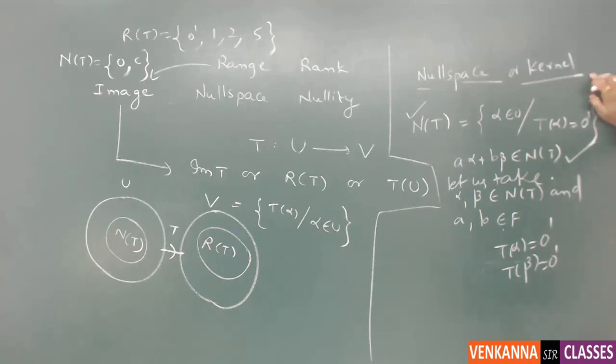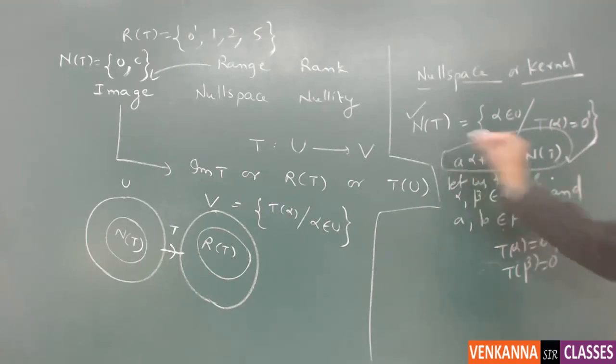So, since alpha and beta are taken in N of T, their T images are 0. If I want to prove that A alpha plus B beta belongs to N of T, I should show that the T image of A alpha plus B beta must be 0. So, that's why I am considering the T image of A alpha plus B beta.